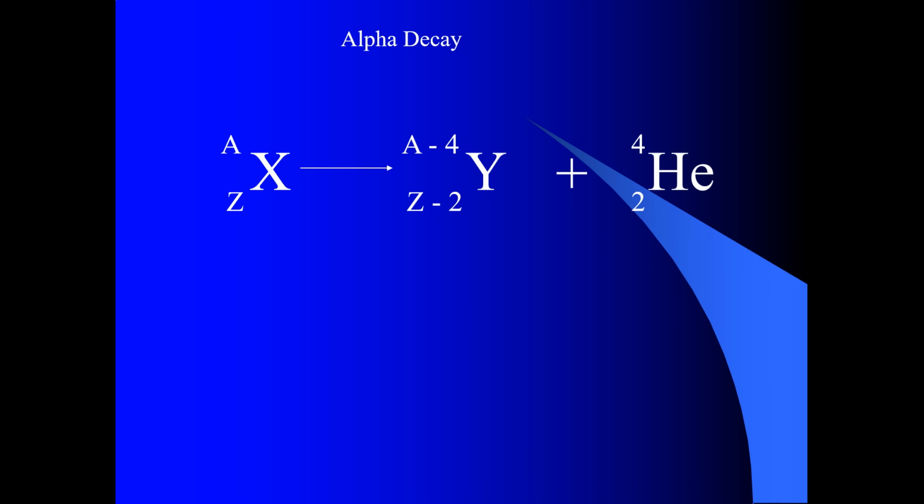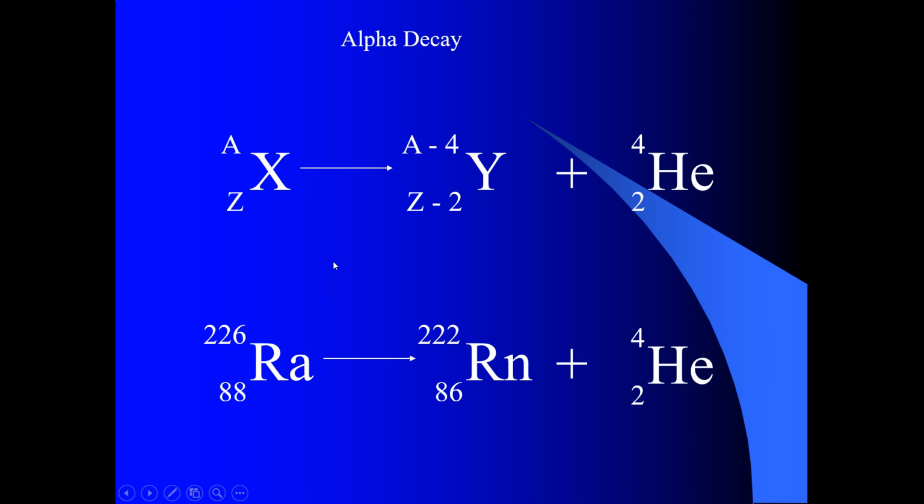Similarly, let's look at another example. We have the same general equation of alpha decay. So what happened in the practical example? The radium with atomic number 88 and atomic mass 226 is changed to radon with atomic number 86 and atomic mass 222 with the emission of alpha particles.